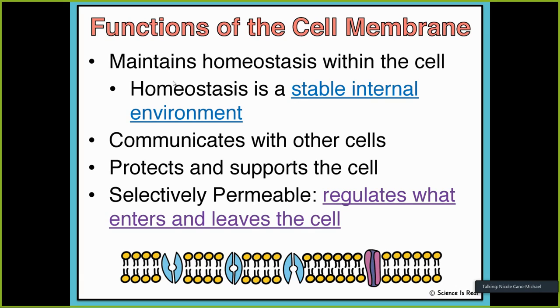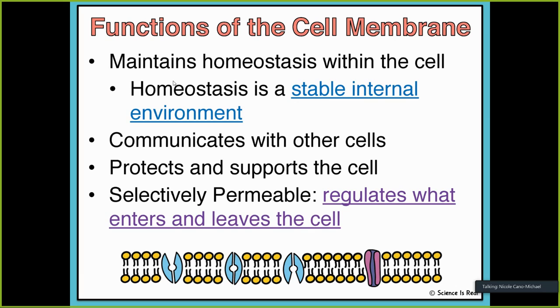And if there's a problem, they stop them and say, no, you can't come in. And then there's the fight scene that happens in the movie, right? So that guard station is selectively permeable. It regulates what enters the building and what can leave the building. That's kind of the function of a cell membrane. So if you need a good analogy for your vocabulary, hint, hint, nudge, nudge.